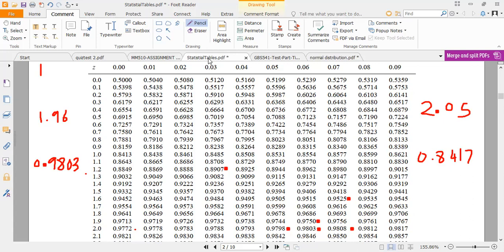Ignore the negative. What is the reading for 0.67?